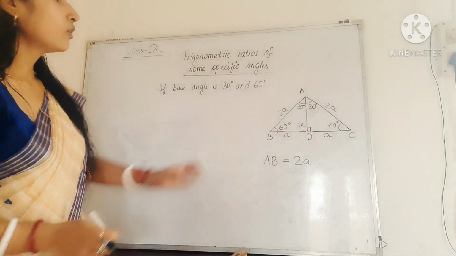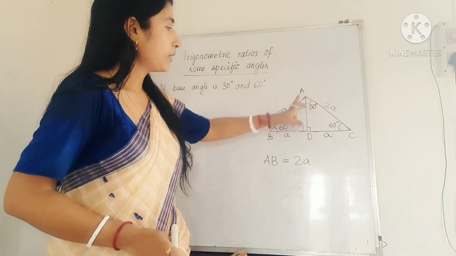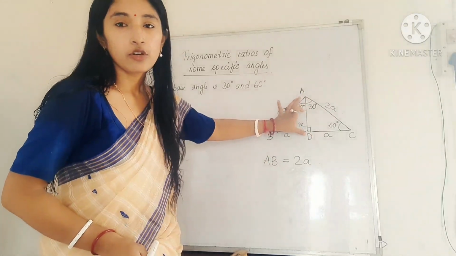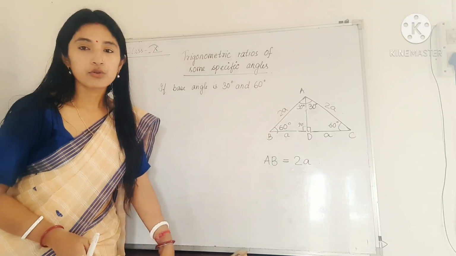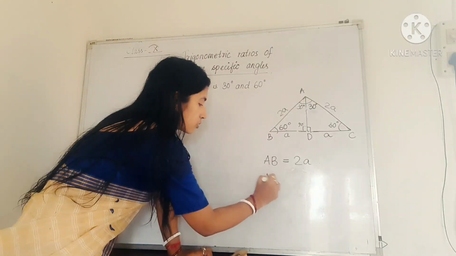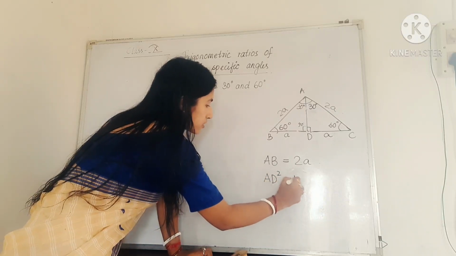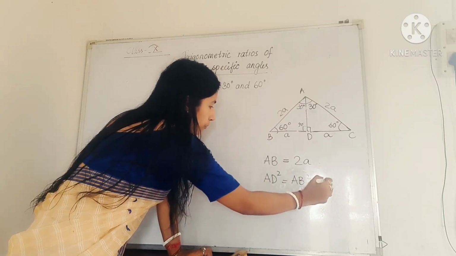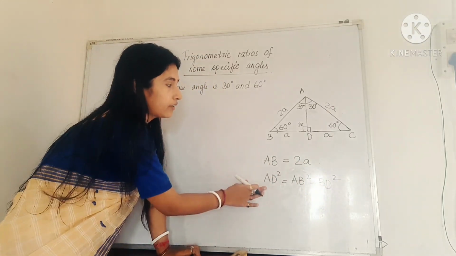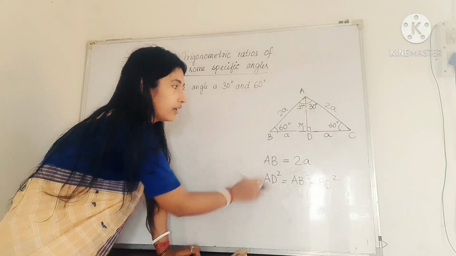Now AD is the perpendicular, that means in right angle triangle ABD we can easily find the length of the perpendicular by using the Pythagoras theorem. So AD square will be equal to AB square minus BD square. I am taking the right angle triangle ABD.